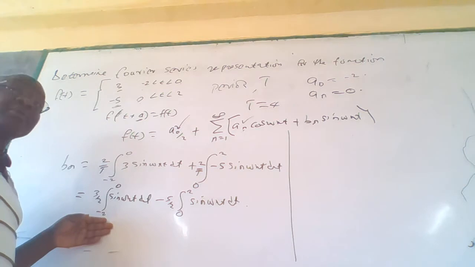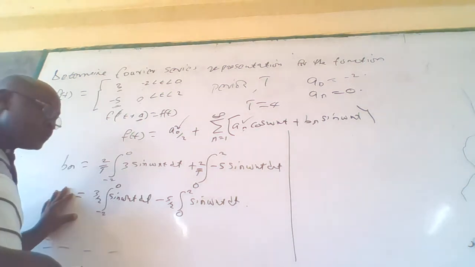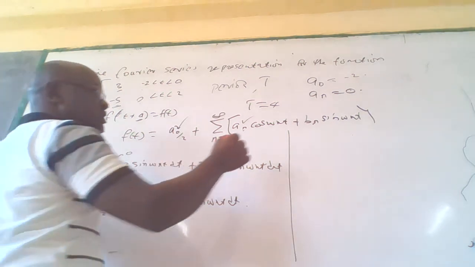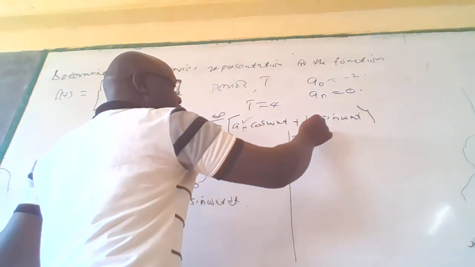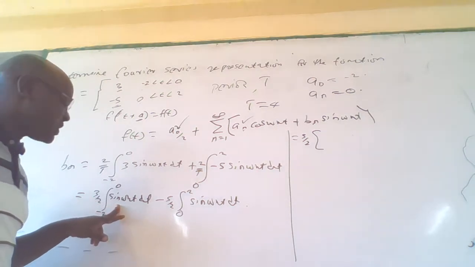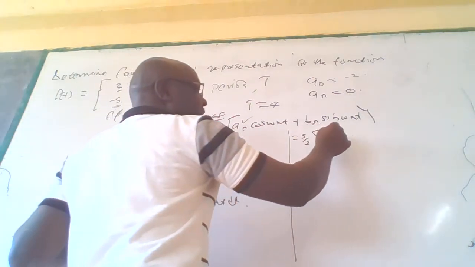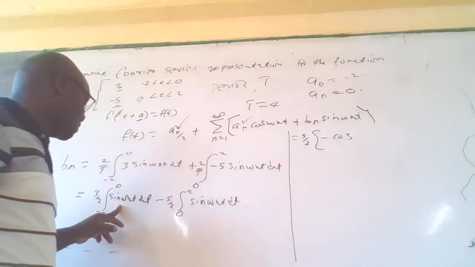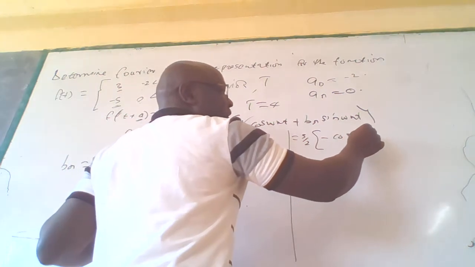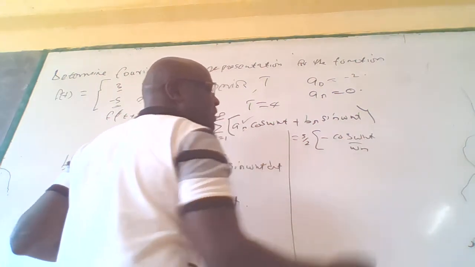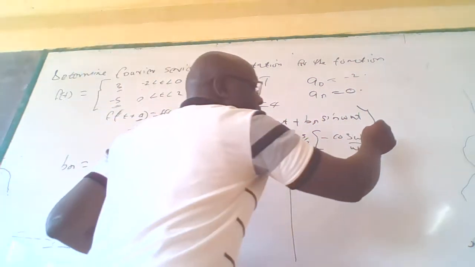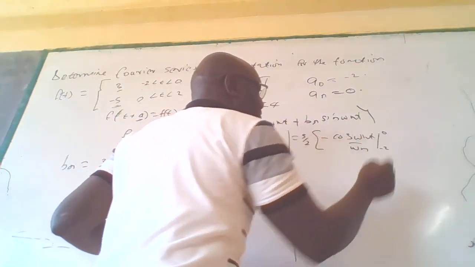Now from here, you can perform the integration. We now integrate sine omega n t. So this equals 3 over 2. When you integrate sine omega n t, you get minus cos omega n t over omega n, integrating from negative 2 to 0.